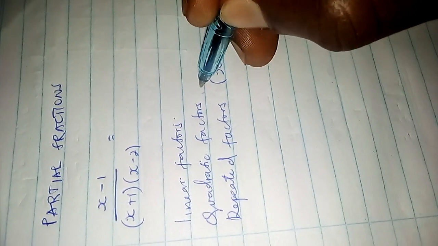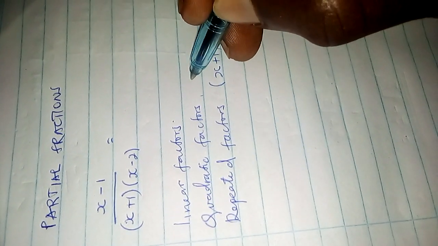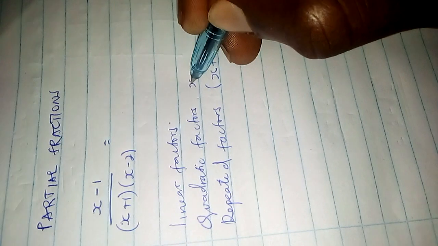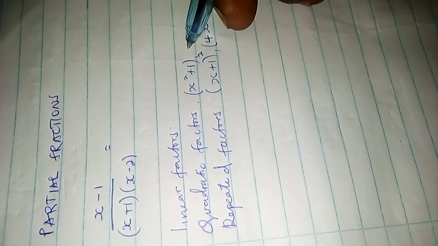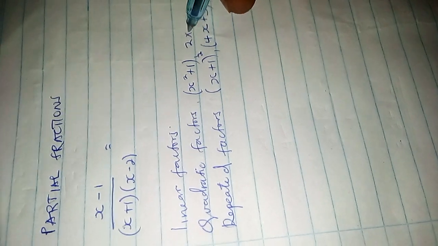For the quadratic factor, examples are x squared plus 1, maybe 2x squared minus x plus 1, and so on. For linear factors, we can have x minus 1, or another one like x plus 2.